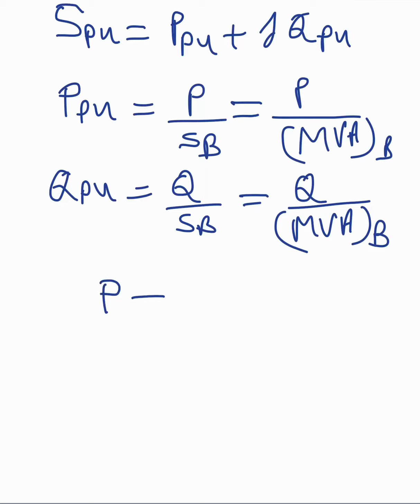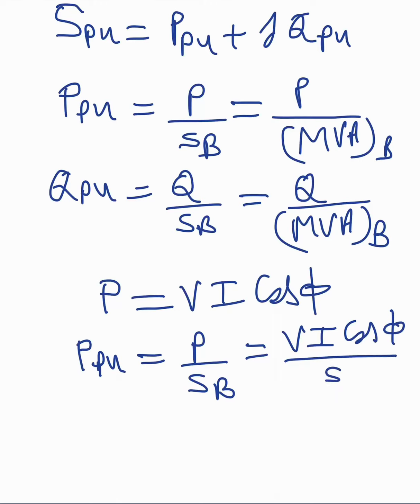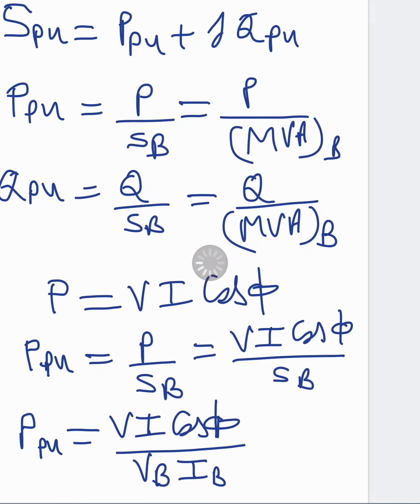Here, we know that power P is equal to VI cos phi. So P per unit is equal to P upon SB, we can write like this. So the value of P is equal to VI cos phi upon SB. So P per unit is equal to VI cos phi, and SB we can write like this, VB into IB. So we can write VB into IB in place of SB.